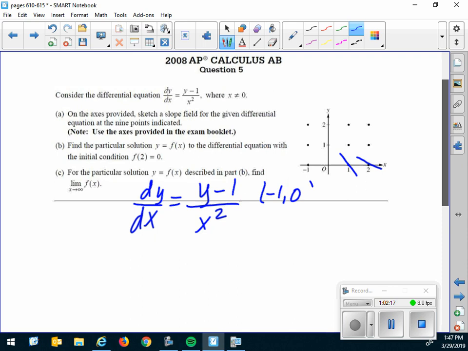Negative 1 0 will be 0 minus 1 over negative 1 squared, which is negative 1. At the point 1 1, 1 minus 1 is 0 over 1, so that's 0. All the y equal 1s are going to have a slope of 0, except don't put anything on the x-axis because x cannot equal 0.